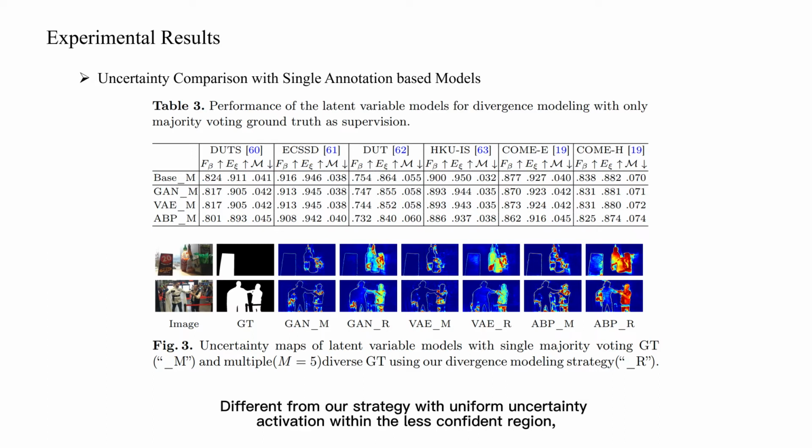Different from our strategy with uniform uncertainty activation within the less confident region, the majority voting ground truth-based model usually generates uncertainty distributing along object boundaries, making it less effective in modeling the subjective nature of saliency, which explains the necessity of multiple annotations for saliency divergence modeling.